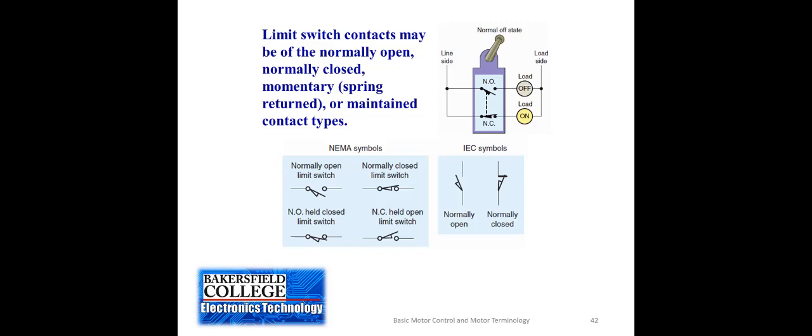the limit switch that's mounted right behind that door will either open or it will close, and that will basically turn off the control circuit. So let's say you're using a piece of equipment, let's say a lathe or a mill, and the gearbox is enclosed with a door.